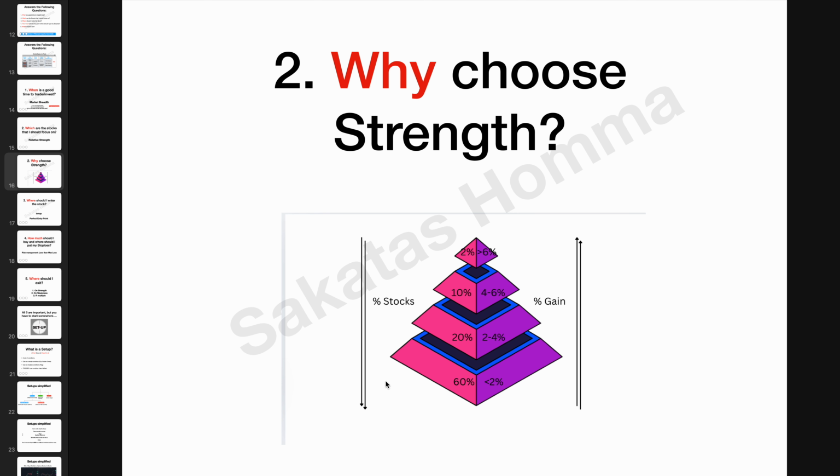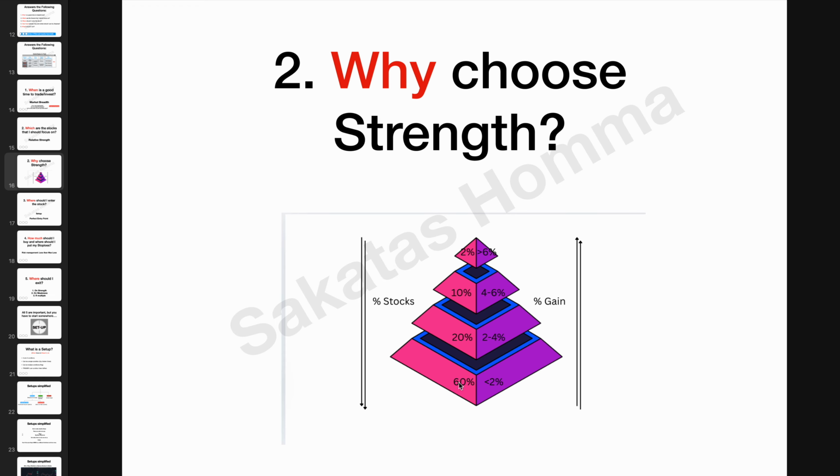Rather than trying to find a diamond in the dust in the 60% bracket, where 60% of stocks are languishing at less than 2%. Because you can only pick a handful of stocks, you cannot buy all 60, right? You will only pick one or two stocks.